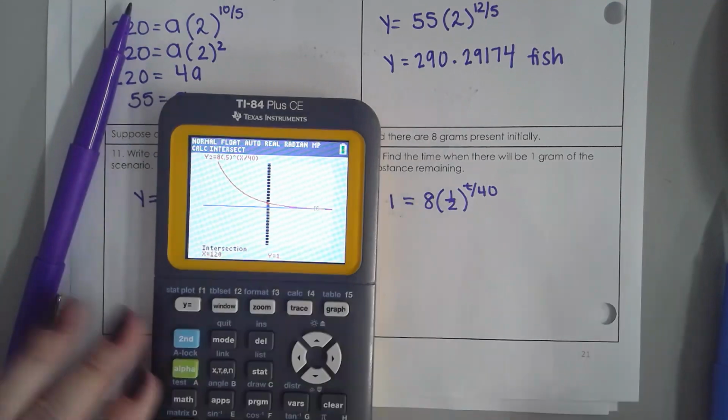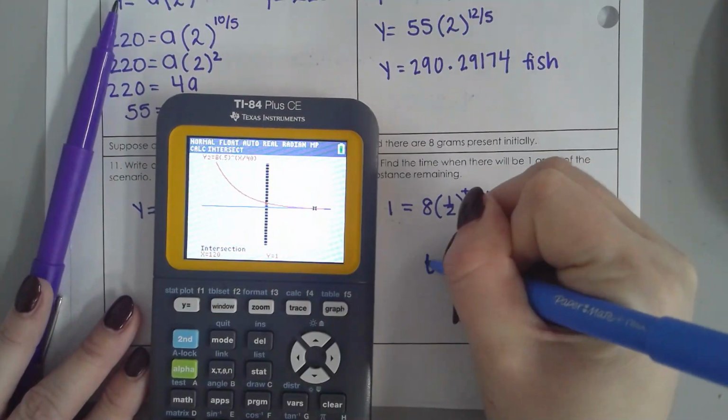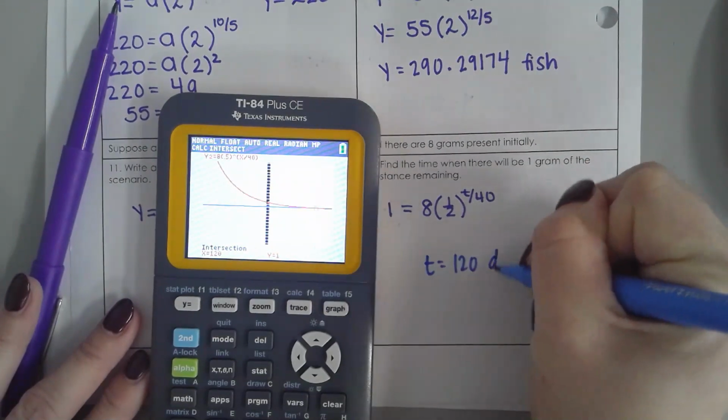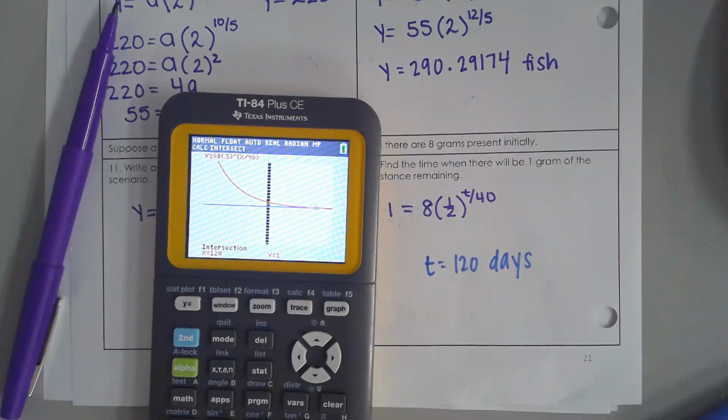And the intersection is when x is 120. So those two things crossed at 120.